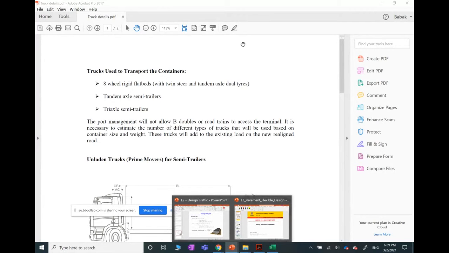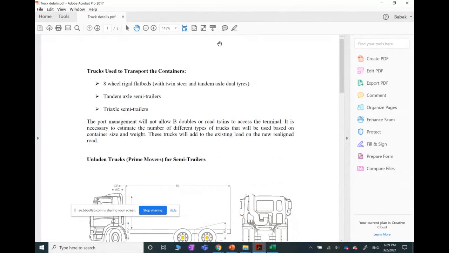So yes, there is one question. If vehicles like B-doubles are not allowed for terminal pavement, then should we count them in when calculating the existing traffic? For the existing traffic, you can count them because they are not going to go to the port, right? That access road is not just going to the port.